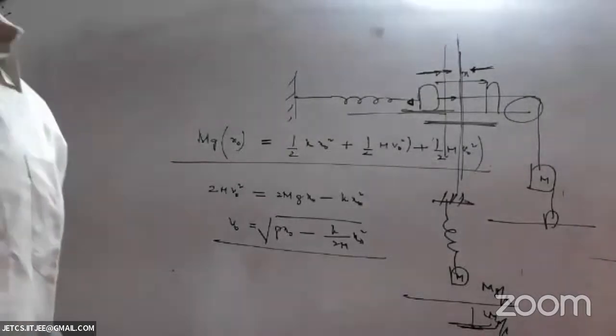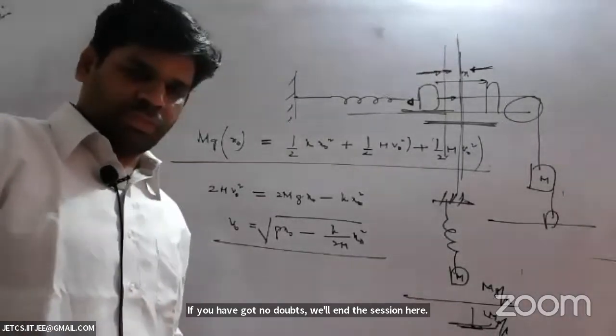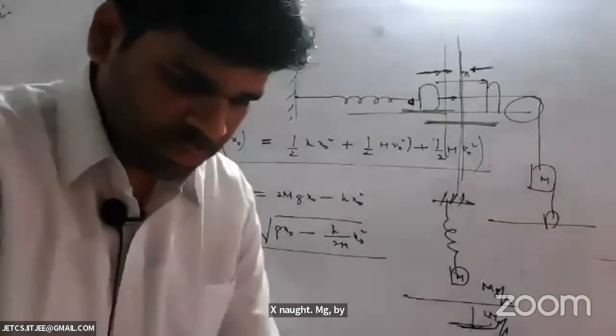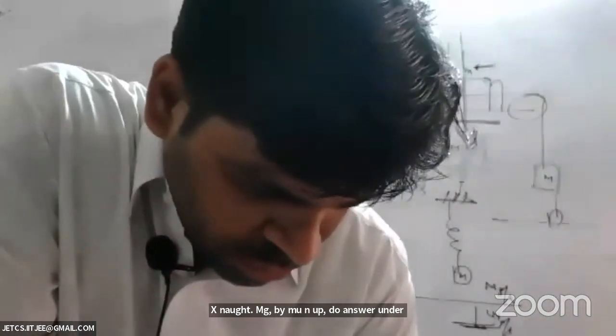So, yeah. x naught is mg by k. When mu is given, is the answer under root mg square by 2k?